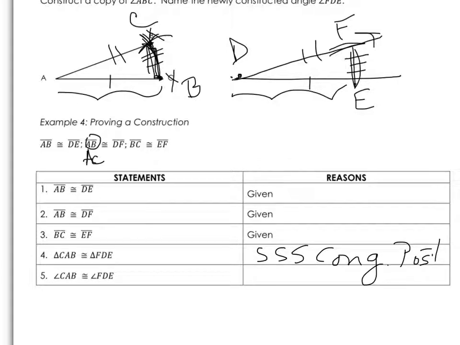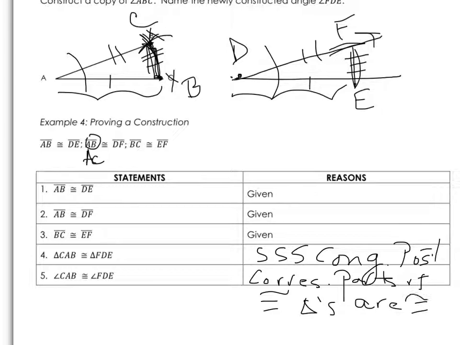And then lastly, we say this angle, CAB, is congruent to this angle, FDE, and again, that has to do with corresponding parts of congruent triangles are congruent. Hopefully your notes will look better than mine.